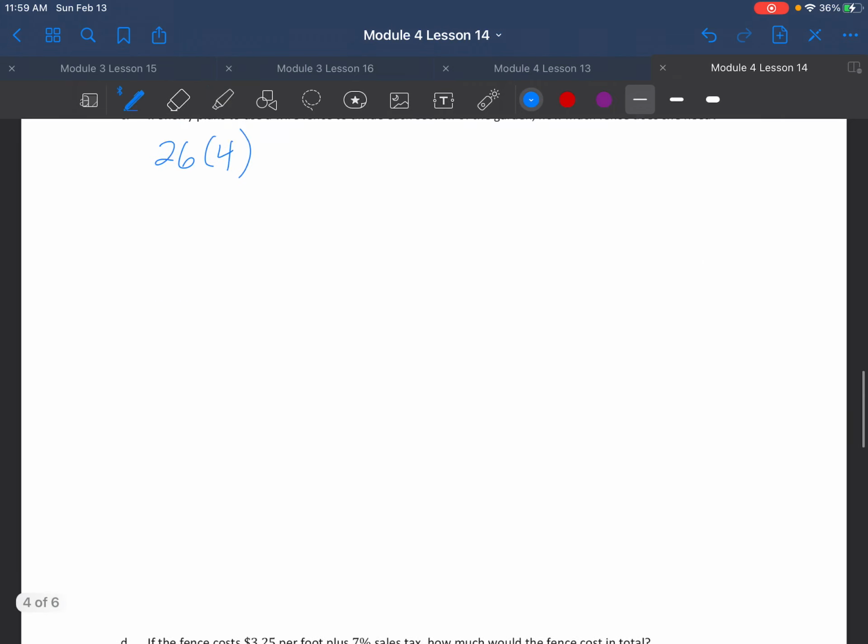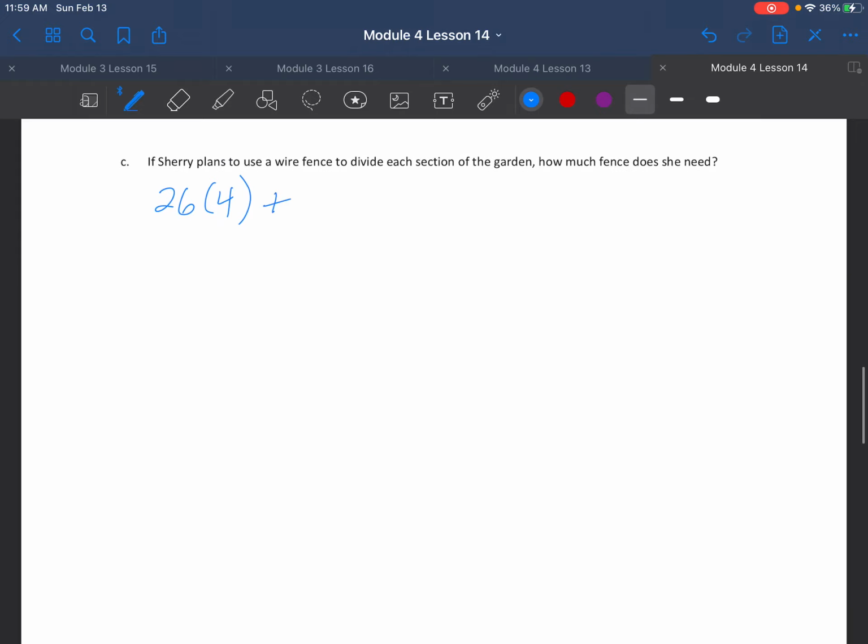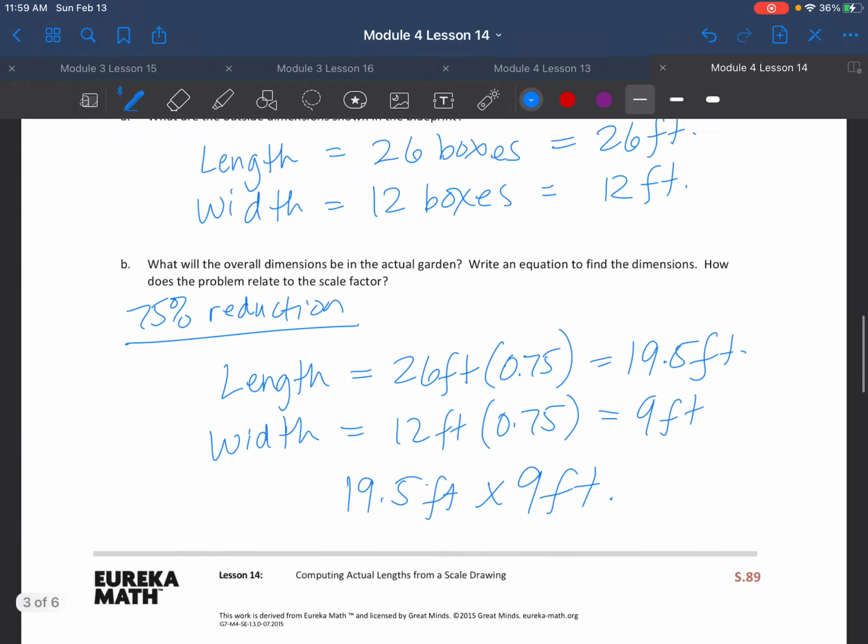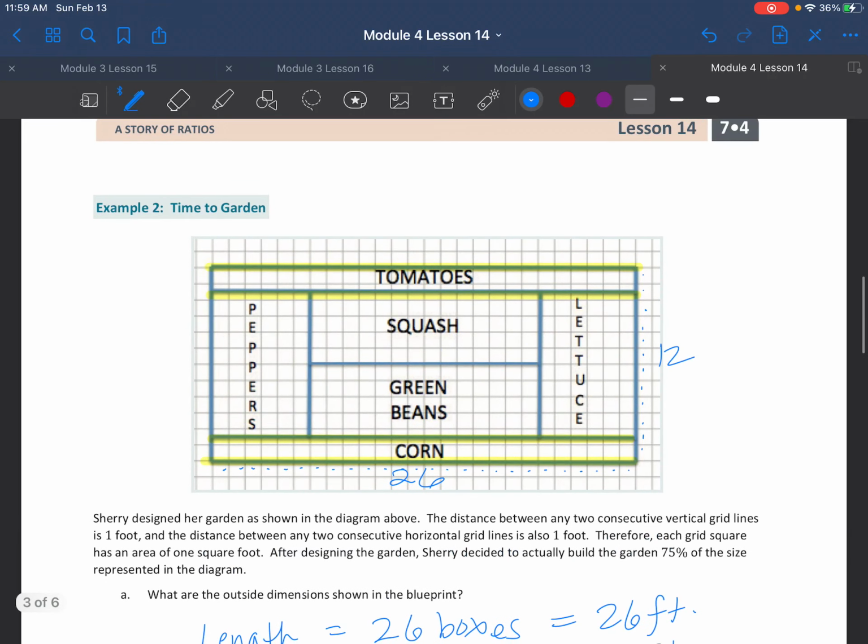Why 4? Because we've got this outside one, but then we have this one right here that's also 26, right? So we have 4 of those. All right. Then we have our 12. Now 12, we've only got one on each side. So we're going to take that plus 12 times 2.